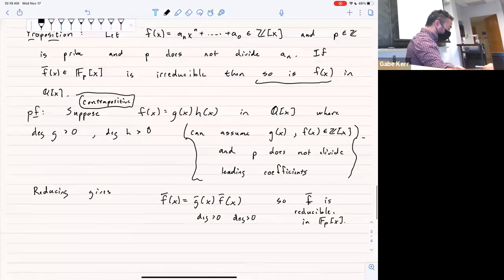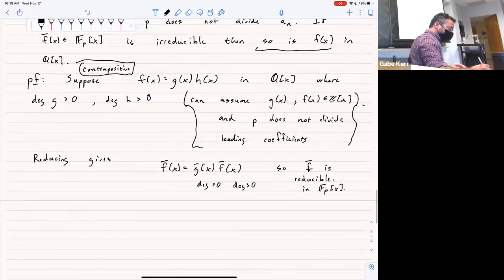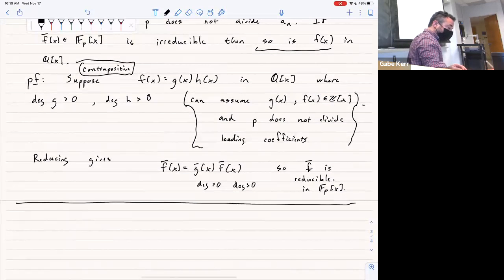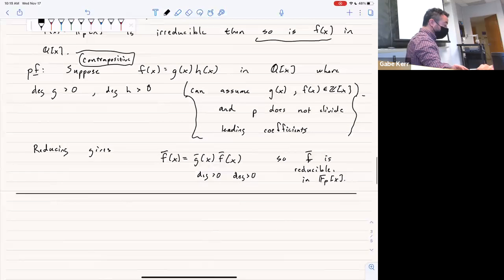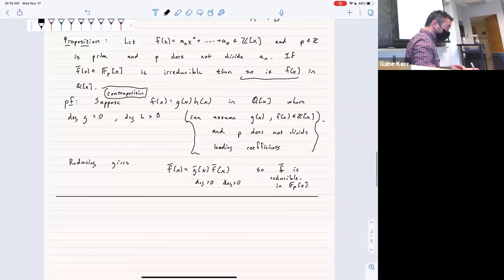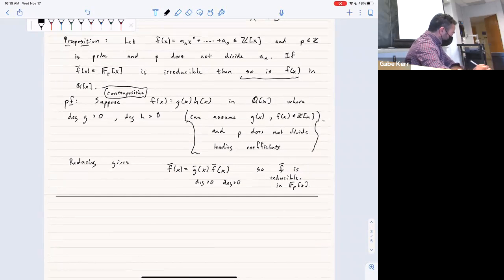Very innocuous, but what do we get out of it? We get a lot of irreducible polynomials in Q[x]. So this is what you should do over Thanksgiving; I think it'd be really great if you did this.